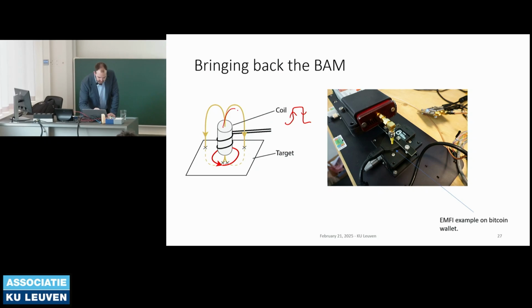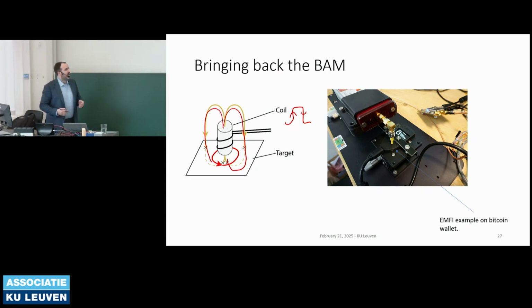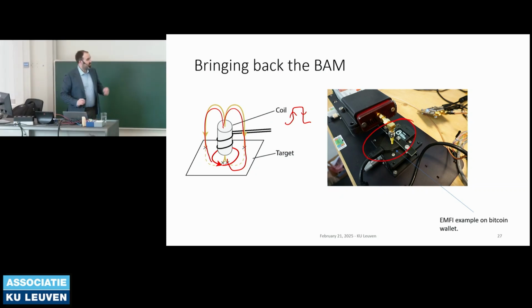This high current gives me a strong magnetic field. The strong magnetic field induces a voltage underneath it in the target. This example was on a Bitcoin wallet, so it used EMFI over a microcontroller in a Bitcoin wallet. But we can do this on a wide variety of devices.